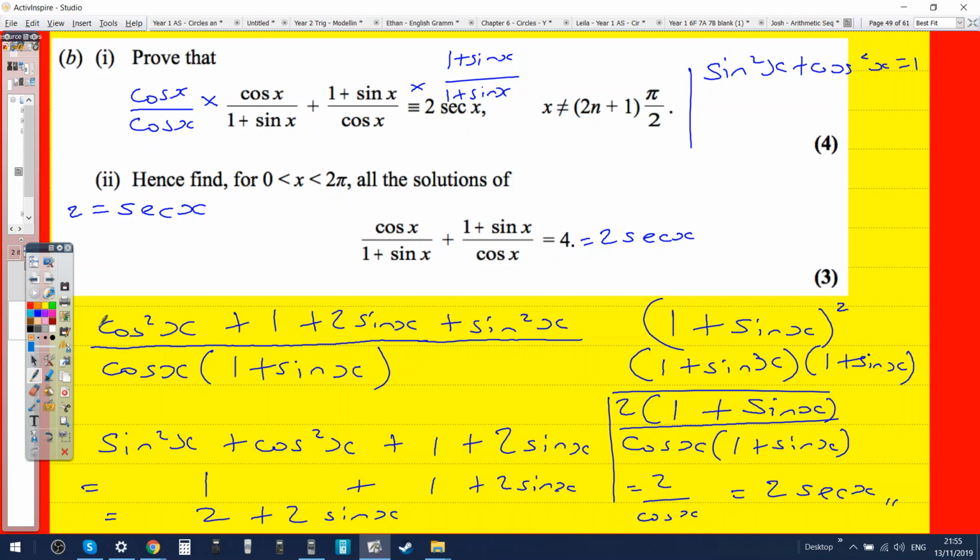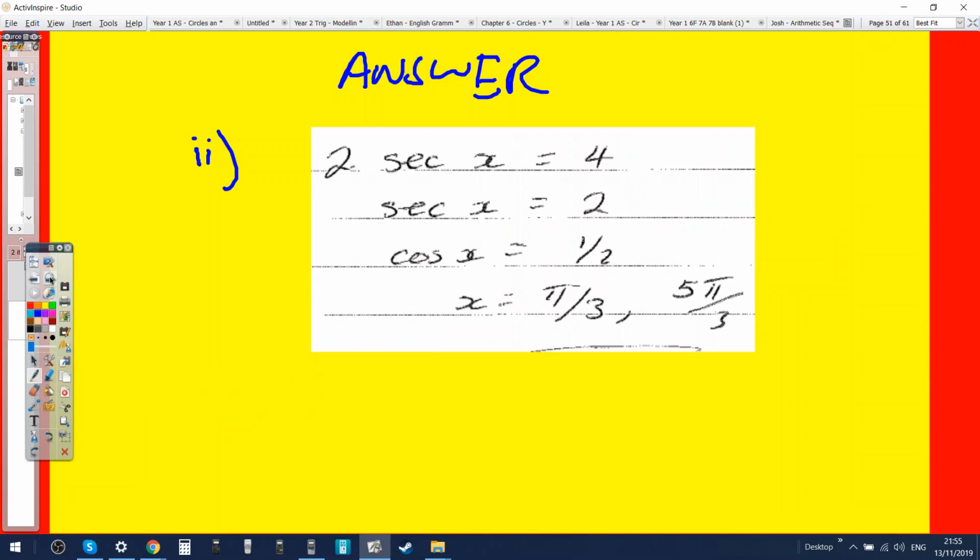So sec x is equal to 2. So cos x is equal to? Yes. And then you just solve it from there. So the important thing is the hence, just putting that together.